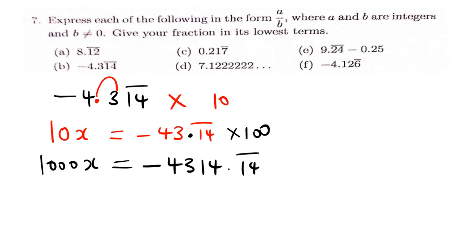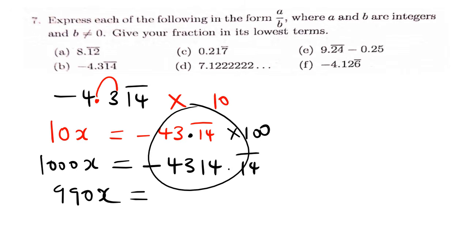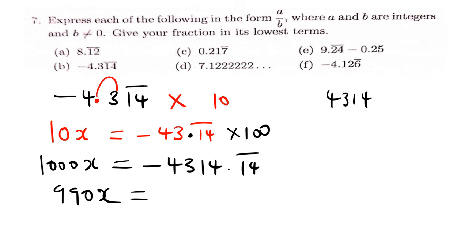Here I have 1000x minus 10x, which gives us 990x. This will be equal to what you get when you subtract. We've got 4314, then you subtract 43.